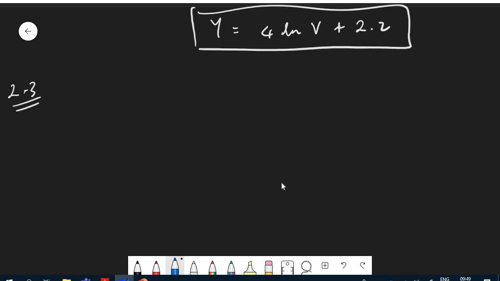So in problem 2.3, let me write the overpressure.